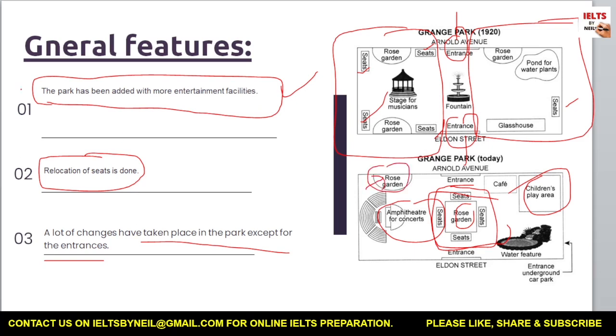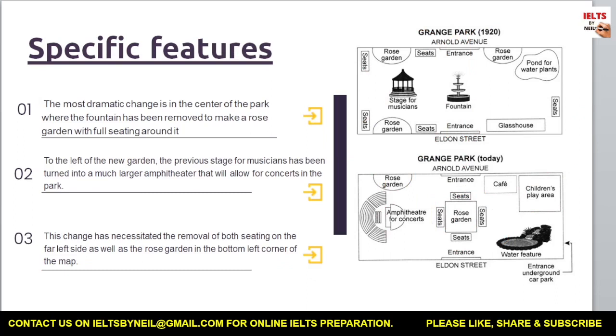All right, now we're going to look into the specific features. Okay, now specific features means detailed information. So we are going to have a look at the detailed information. So if it comes to detailed information, the first thing that we can look up is fountain. Now fountain is being removed and a rose garden has been set up. Okay, so this is the first one. Second one is this stage for musicians, has been removed and converted into amphitheater for concerts, right?